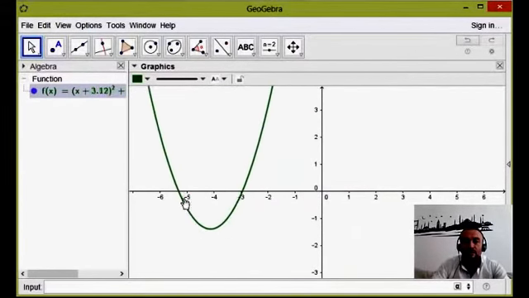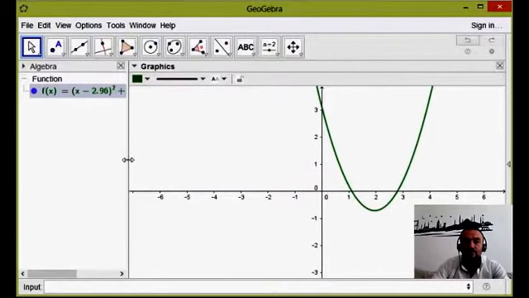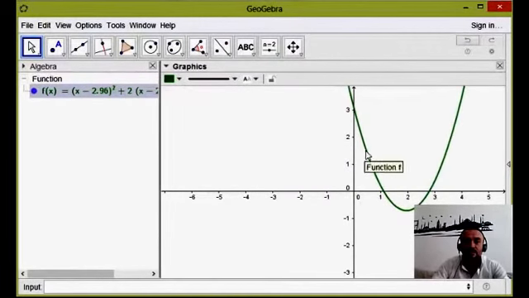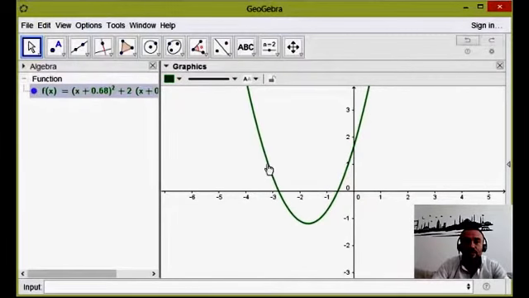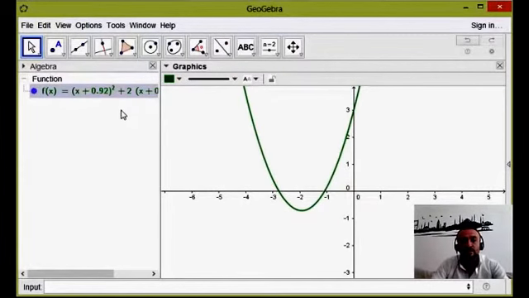And you can even drag it, and while you're dragging the parabola, you can also observe the change in the equation in the algebra window of GeoGebra.